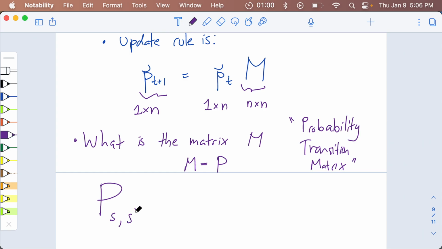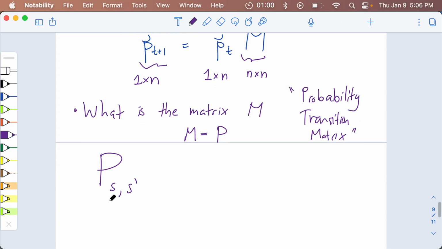P of S, S prime. So these are states. And a matrix has row and column entries. The rows and the columns are indexed by the number of states. For the snakes and ladders example, there were 10 states. So S and S prime will be numbers between 0 and 9. And it's telling you the S row and the S prime column. So those are both states.